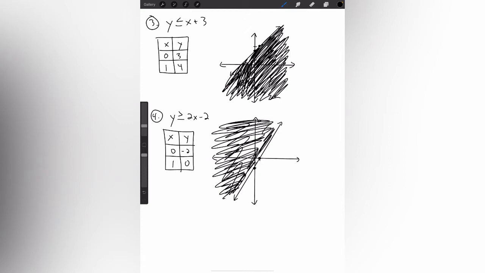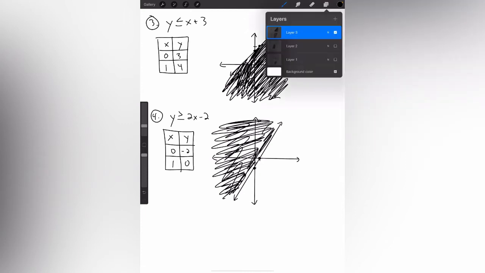Okay, number 5, I'm going to move on to the next page here. Number 5 says graph each absolute value inequality. And the absolute value inequality they give us is y is greater than or equal to the absolute value of 2x minus 1.